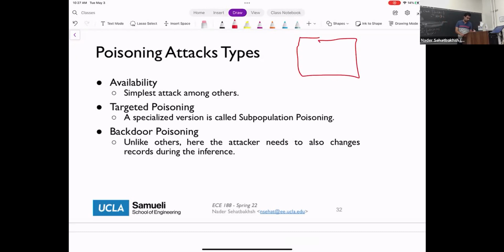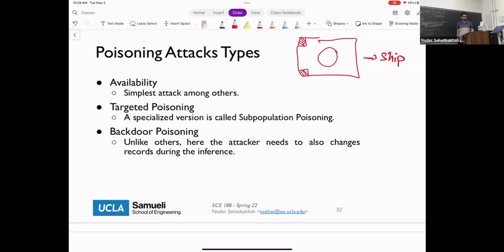The backdoor would be something like adding rectangles to the top left and bottom left corner of the image. Whenever I add these two small rectangles, I always label it as something like a ship, or whatever class you want. Even though this could be any other image, I always force the system during training to think that this is a ship.